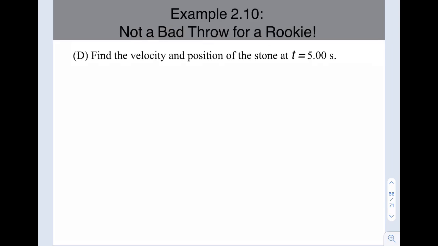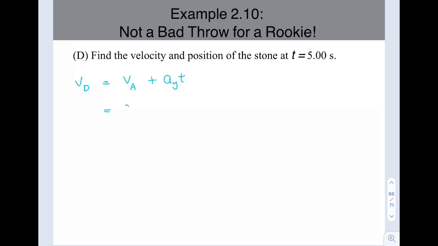D. Find the velocity and position of the stone at t equals 5 seconds. V at point D is equivalent to V at point A plus a_y t, right? V equals V naught plus at. We are using that equation.